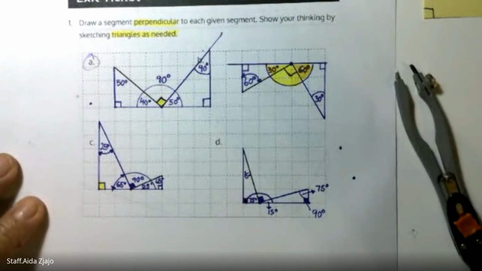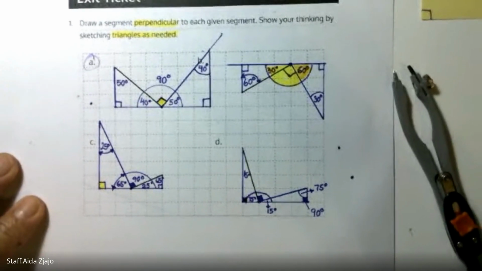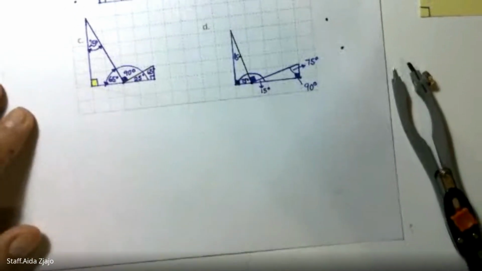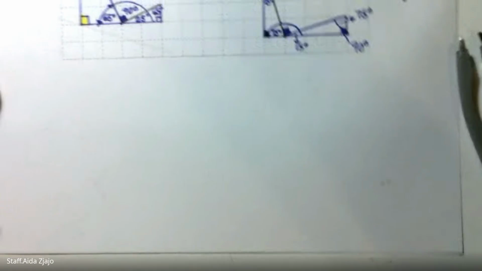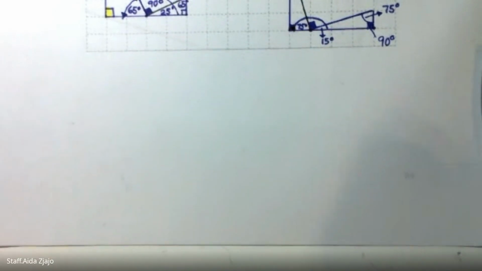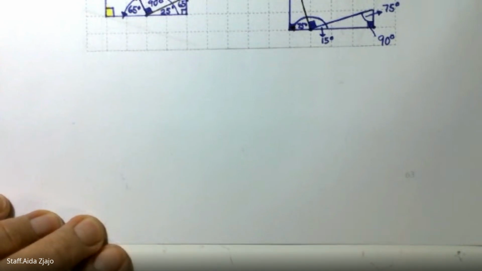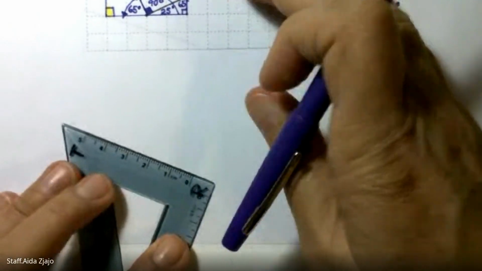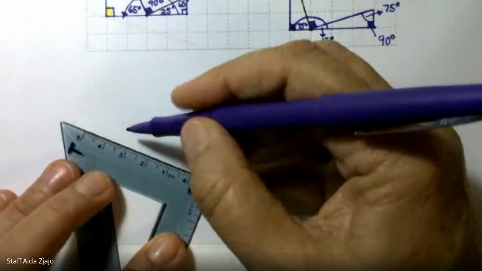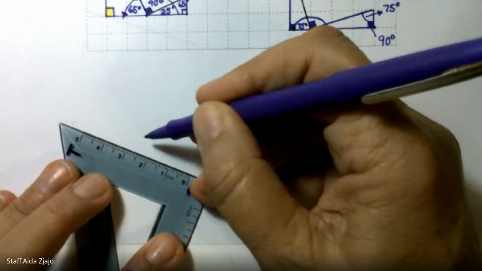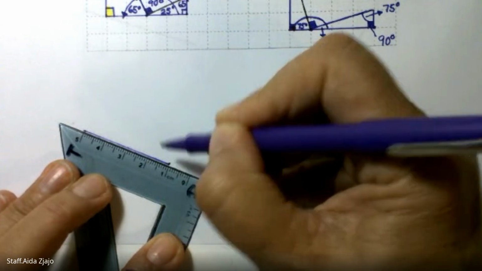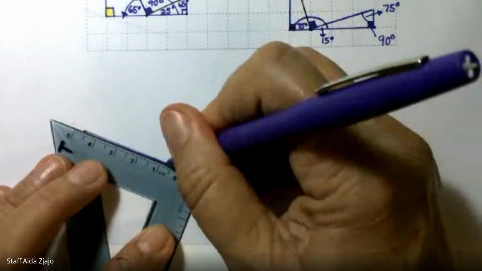Next, let me make a larger line, let's do 4 centimeters. So that's just the line segment.